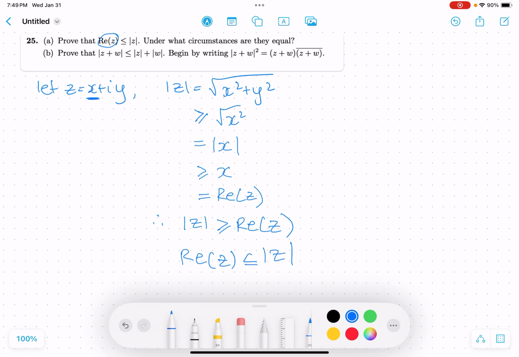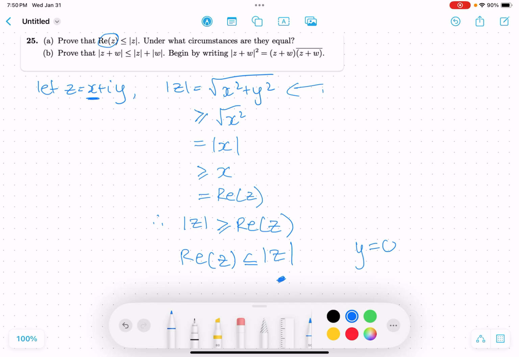Now it does say under what circumstances are they actually equal. Well, if we got rid of y, so if we didn't have any y's, because mod z of course contains y's, so if we said when y equals 0, that's getting rid of y, and then we'd just have the x. But remember, modulus is taking the positive.